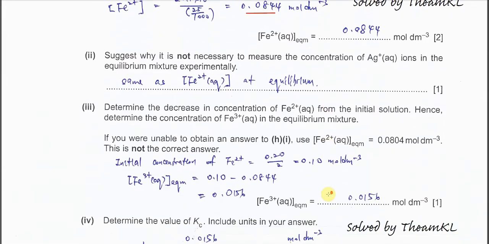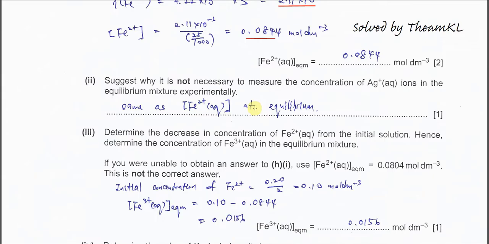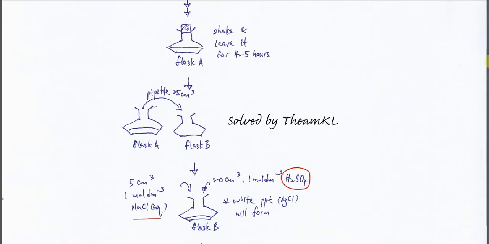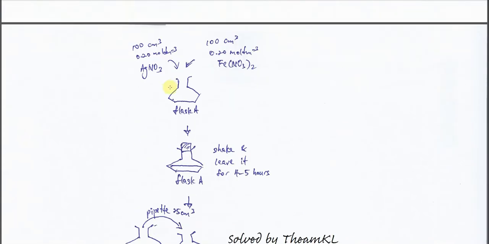Part 2. Suggest why it is not necessary to measure the concentration of silver ions in the equilibrium mixture experimentally. Let's get back to this. Because we add the same volume and the same concentration of these two ions, the silver ion and the iron 2 ion.